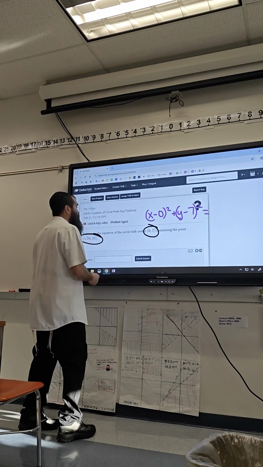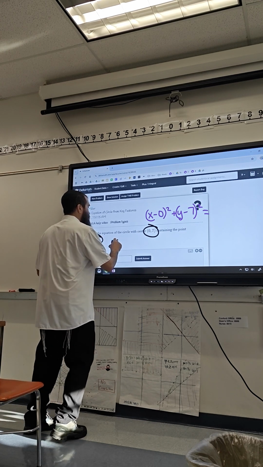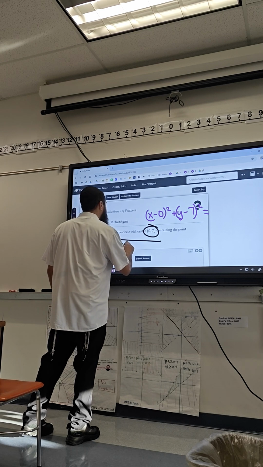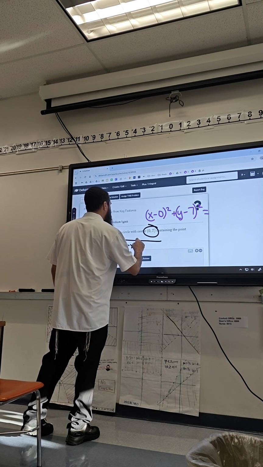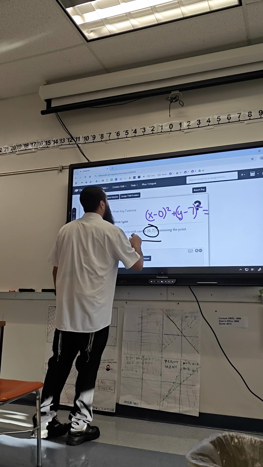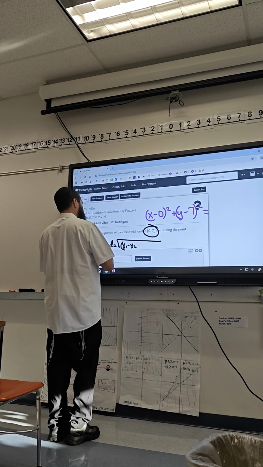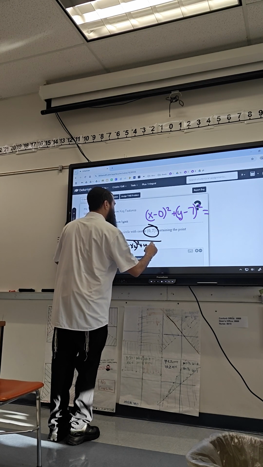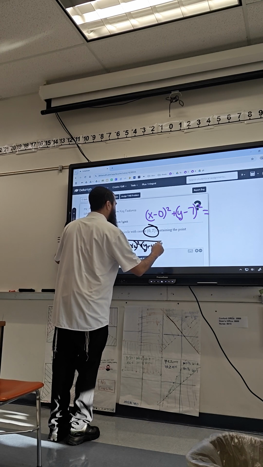If you remember the distance formula, it's the square root of the x's subtracted and squared, plus the y's subtracted and squared.